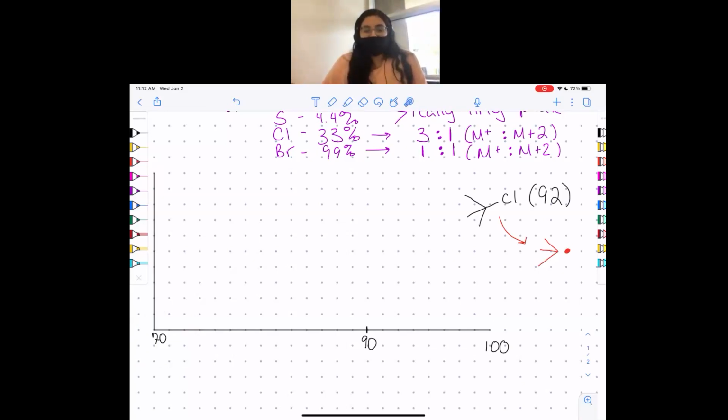All right, so what is the mass of our most stable radical? What do you guys think? You don't have to do the actual math, just tell me your idea. The whole thing you said was 92? So wouldn't it just be 92 minus 36? So 56?